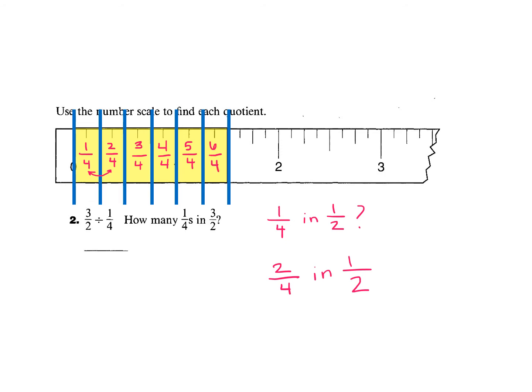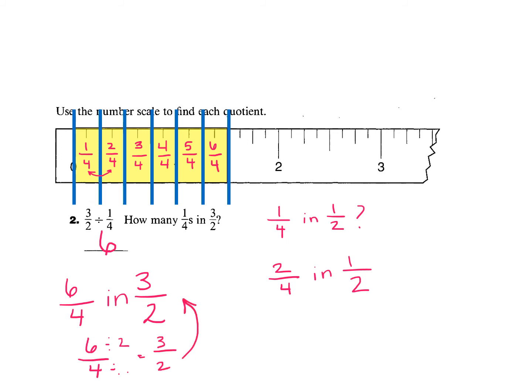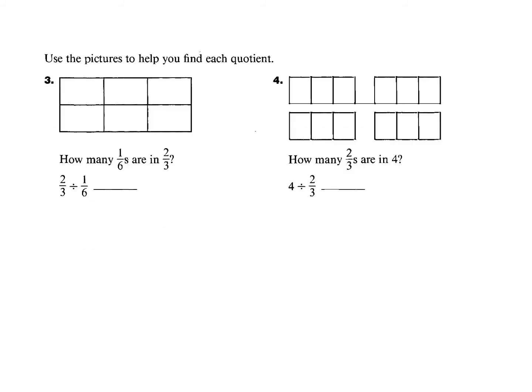So how many fourths are in 3 halves? There are 6/4 in 3 halves. Which makes sense, because if I have 6/4 and I divide by 2 and I divide by 2, I'm going to get 3/2.